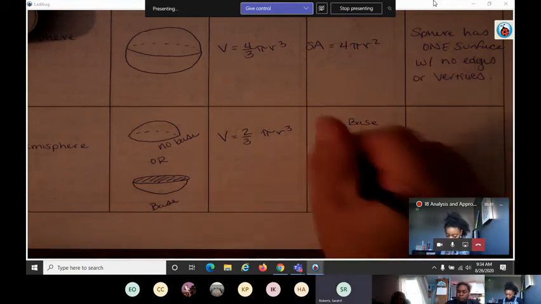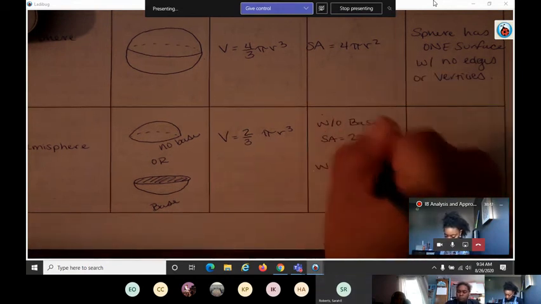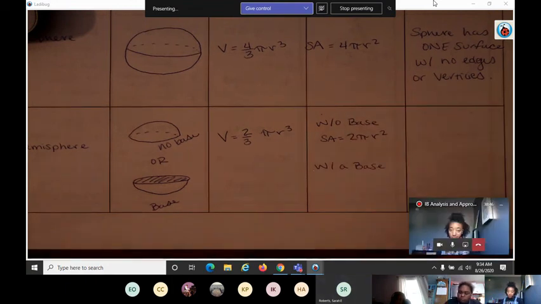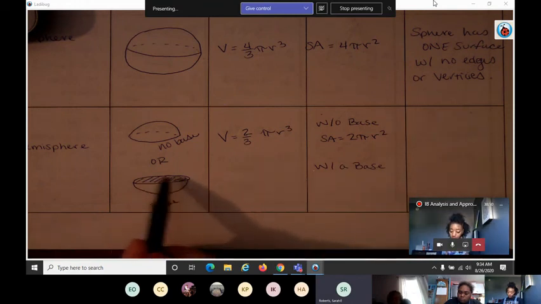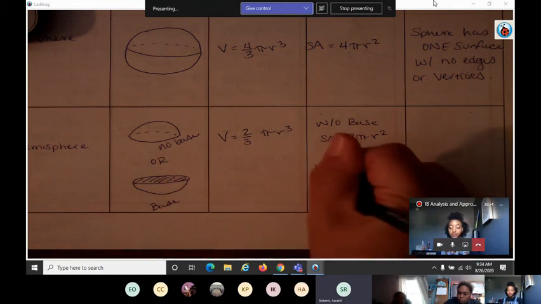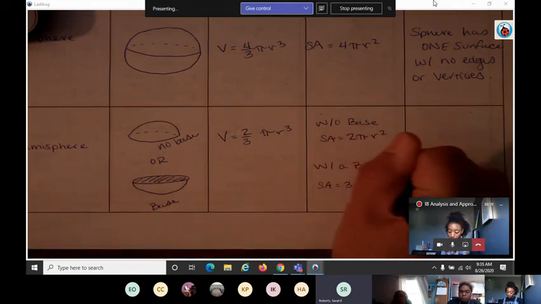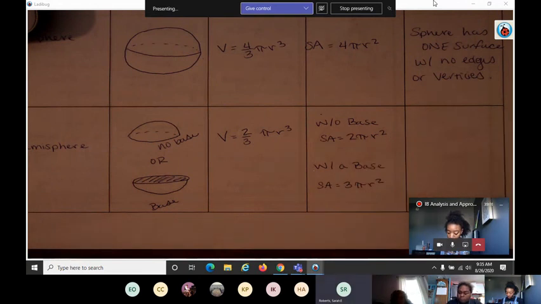But with a base, we have to add on a circle with that same radius at the bottom. So you should get your surface area to be 3 pi r squared. Okay, because pi r squared is the area of a circle.